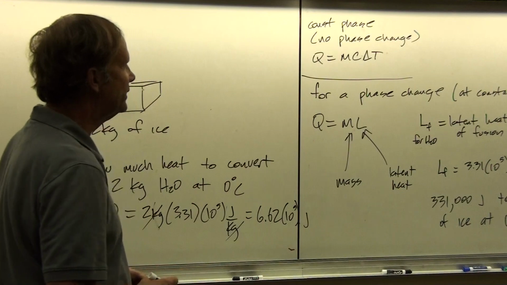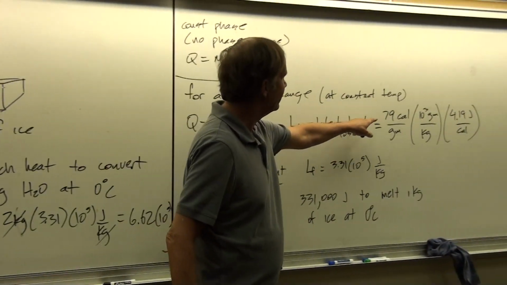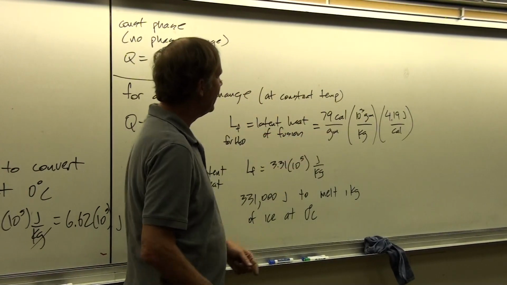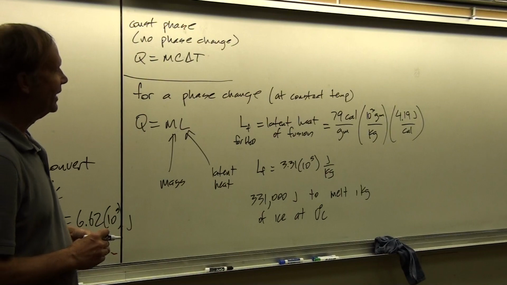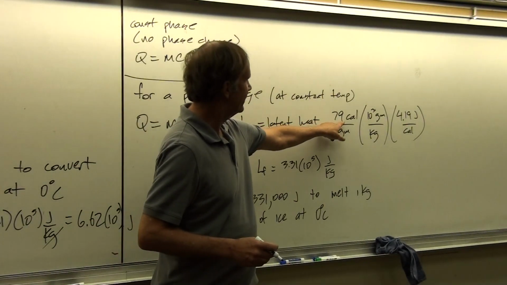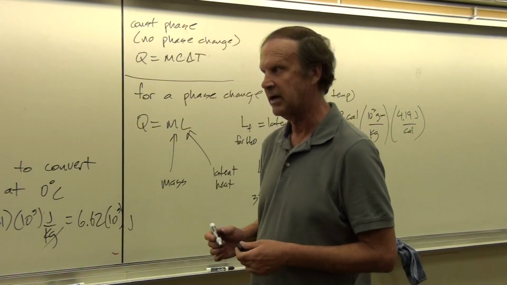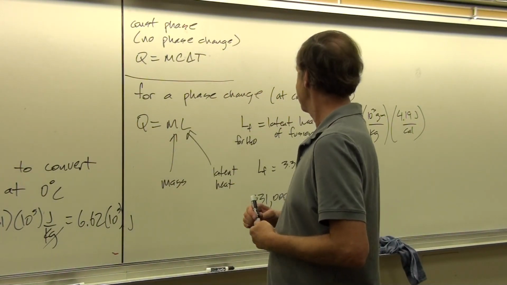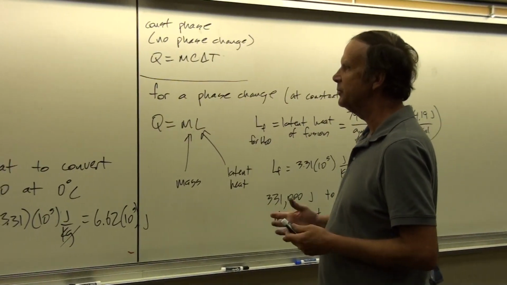Or if we were trying to do this in calories, we could take the 79 calories per gram and multiply it by 2,000 grams. And then we would have the value for the latent heat in calories. So that is another way we could do this problem, which would be more like a chemistry calculation, but it would be equivalent.